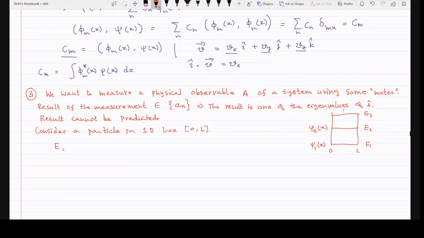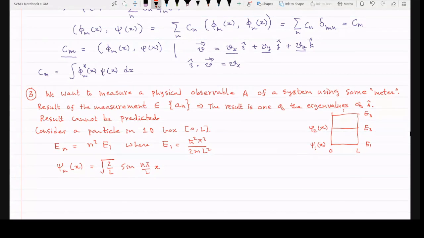Let's say these energy levels are given by n squared into E1, where E1 is given by h bar squared pi squared divided by twice m L squared. So this is the energy of the first ground state, and then excited states are related to ground state in this fashion. And you have psi n of x, which is given by square root of 2 by L, which is the normalization constant, and sine of n pi by L into x. These are energy eigenfunctions, and these are energy eigenvalues.